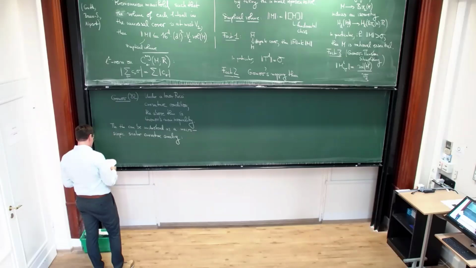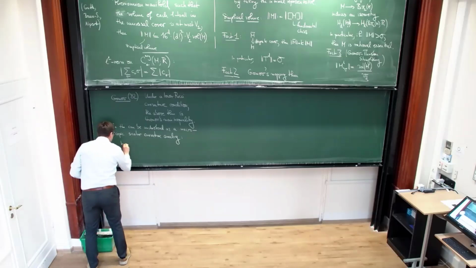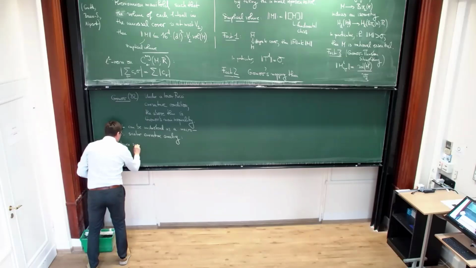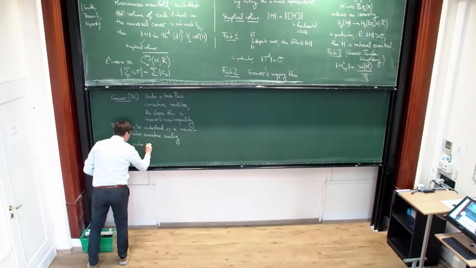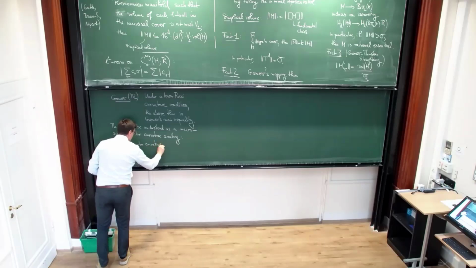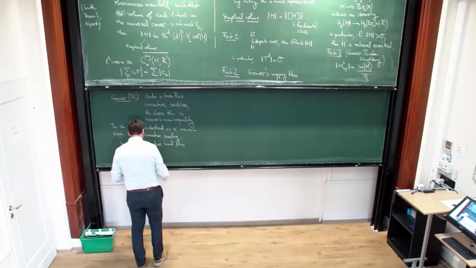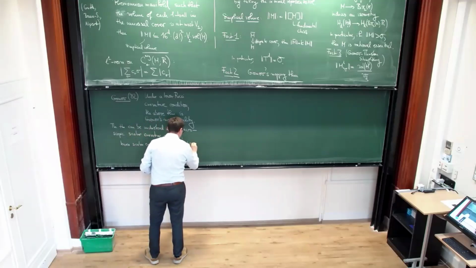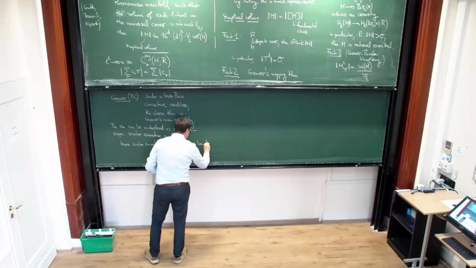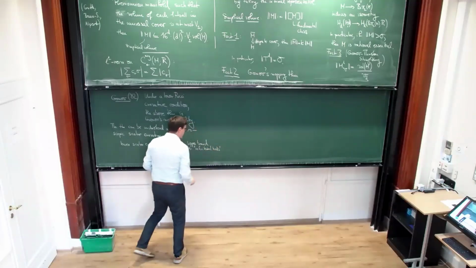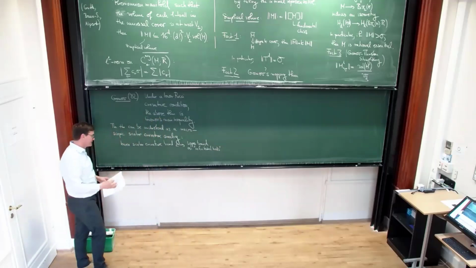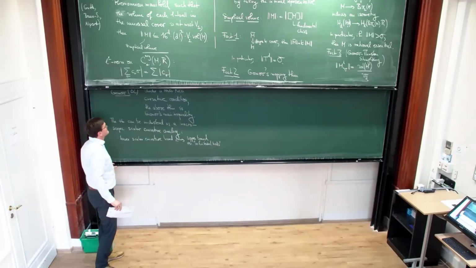So let me put this here: a lower scalar curvature bound corresponds to an upper bound on infinitesimal balls, where how small the radius is you should choose depends on the point.